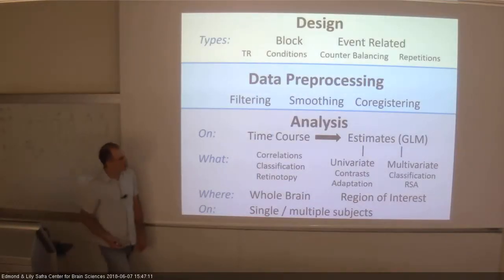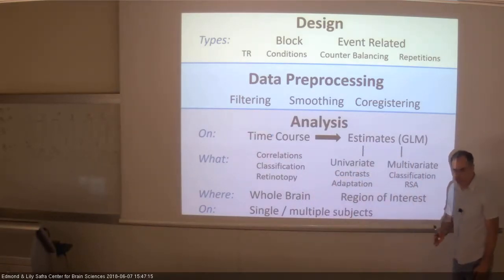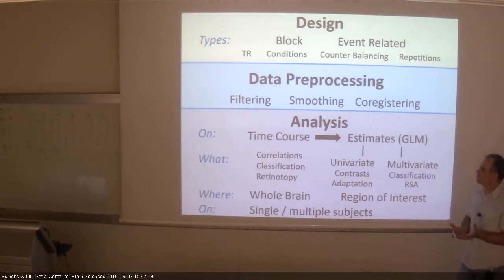There are many types of analysis approaches that you can take when you're doing fMRI, and again, this is a method introduction course, so I just want to take 3 minutes to put you in the lingo of things.